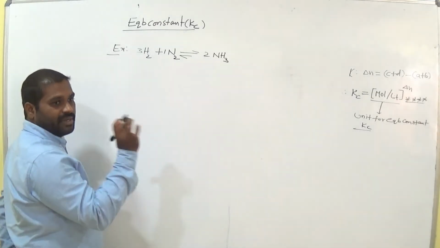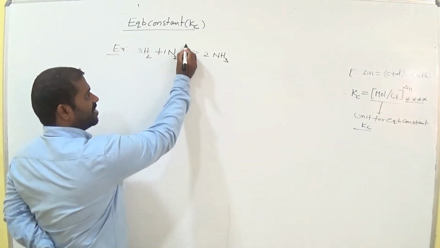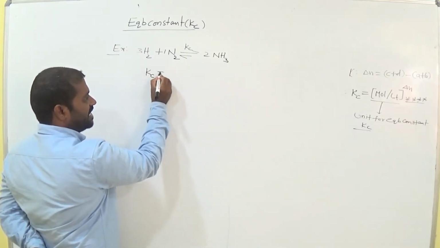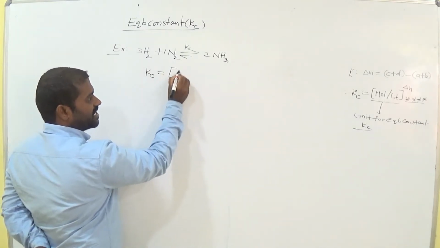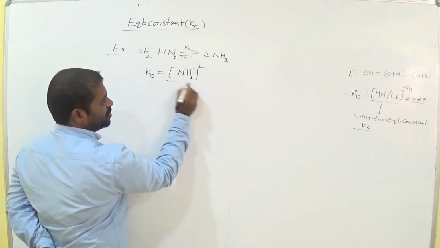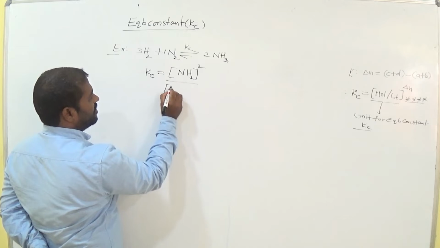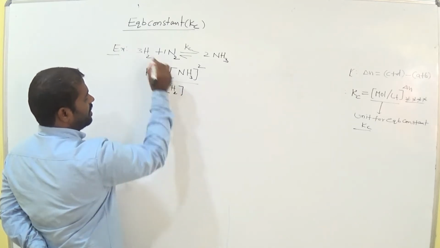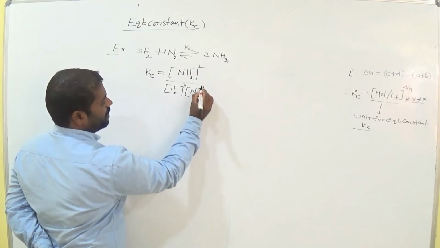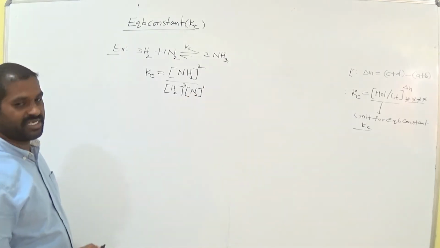So write the expression: Kc is equal to the molar concentration of NH3 to the power 2, divided by the molar concentration of H2 to the power 3 and the molar concentration of N2 to the power 1. This is the expression for the equilibrium constant.